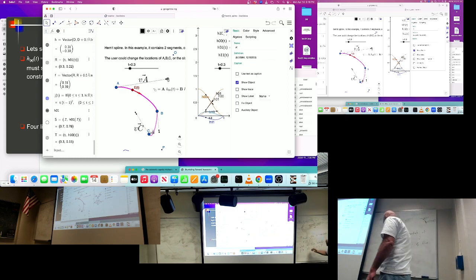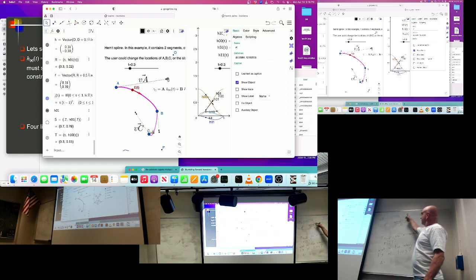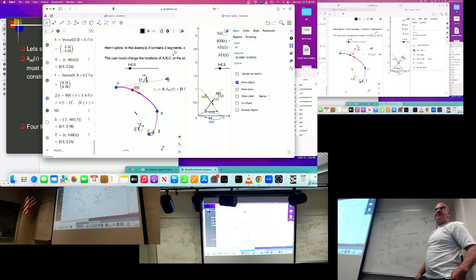It is A times h prime. I'm taking the derivative of all these guys. I'm actually not asking only about the length of the velocity vector.